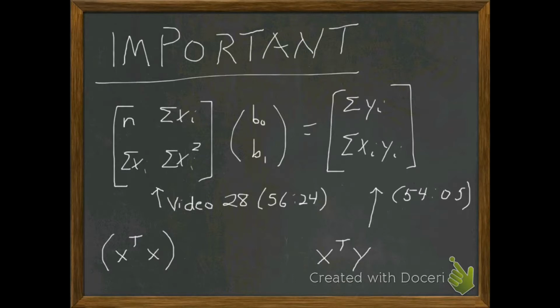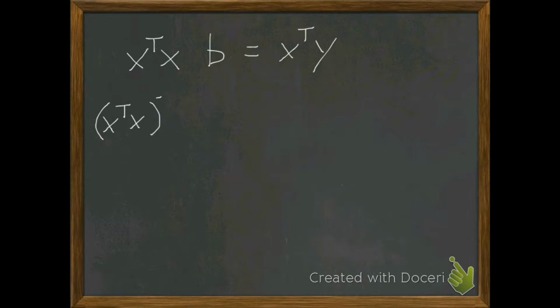So long story short, what we end up with here is X transpose X times B equals X transpose Y. I'm going to multiply both sides by the inverse of X transpose X, and I think in video number 29 I told you that this inverse is going to play an important role. Well, here it is.